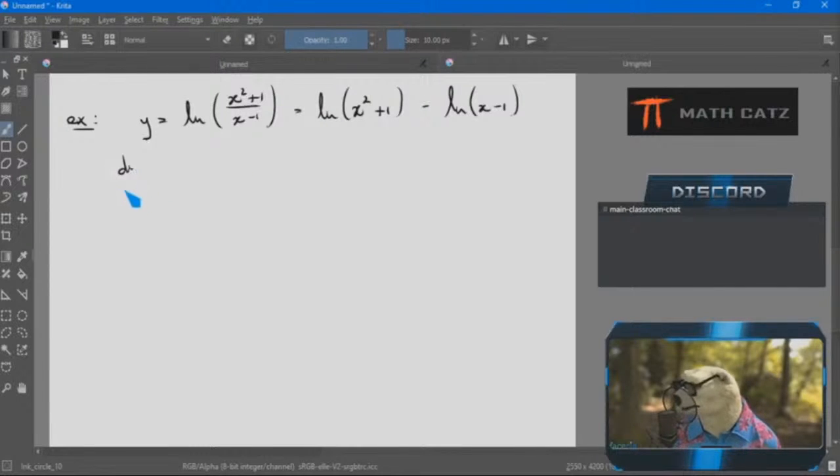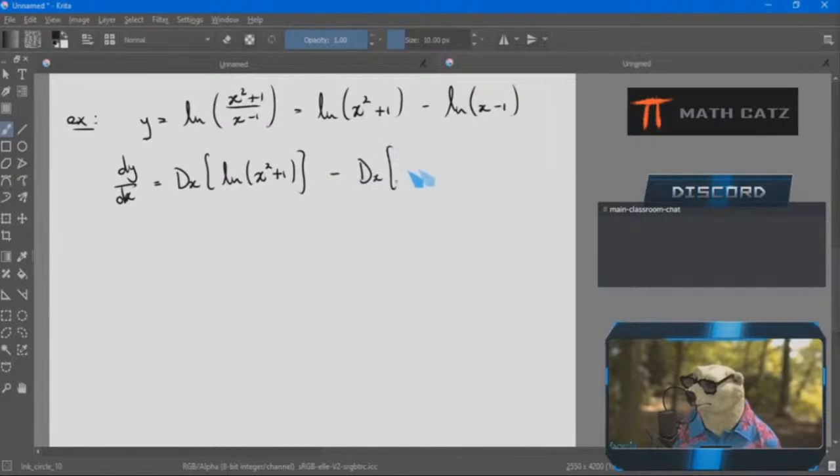Then the derivative is going to be a difference property first, the derivative of the first term minus the derivative of the second term. Now, sure, I still have the chain rule.